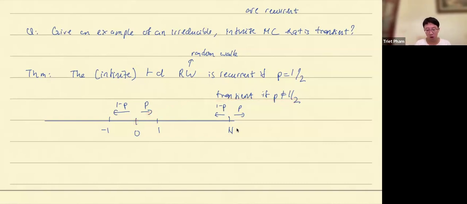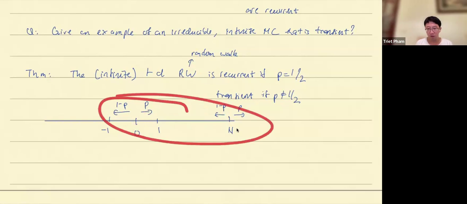Then you will not revisit 0. Now notice with a finite Markov chain, you can't do so, because at some point you are forced to return, intuitively. But with an infinite Markov chain, you have room to keep going without coming back. And that's the idea.